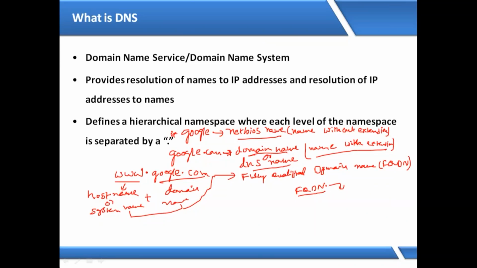At the end of the fully qualified name, that dot will appear once you give the name and press enter. Suppose I have given www.google.com. It is in fully qualified domain format. Once I give the name and press enter, you get the fully qualified domain name with a dot.